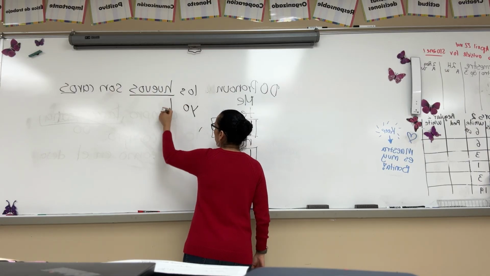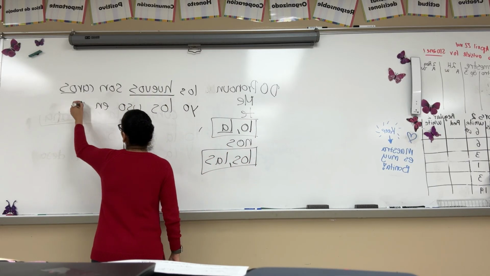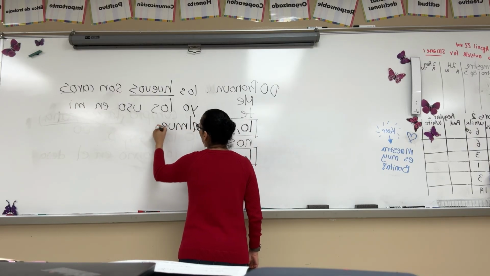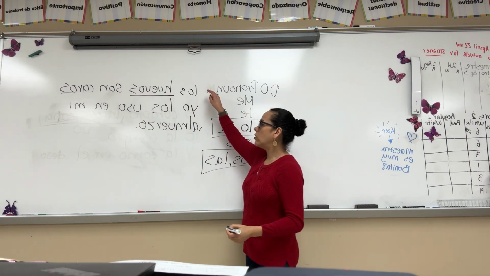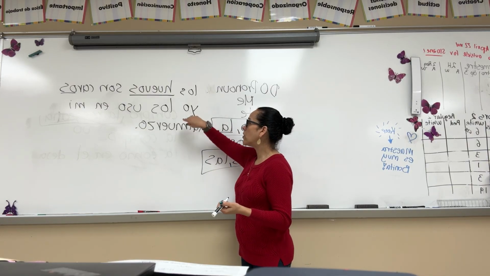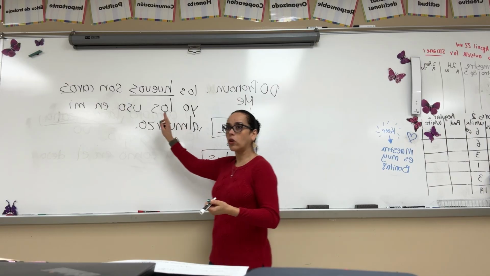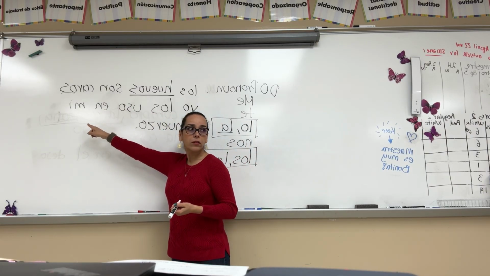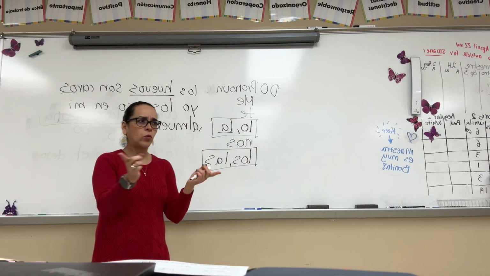Yo los uso en mi almuerzo. How am I going to translate this? The eggs are expensive. I use them. See? It's going to be backwards. I use them in my lunch.